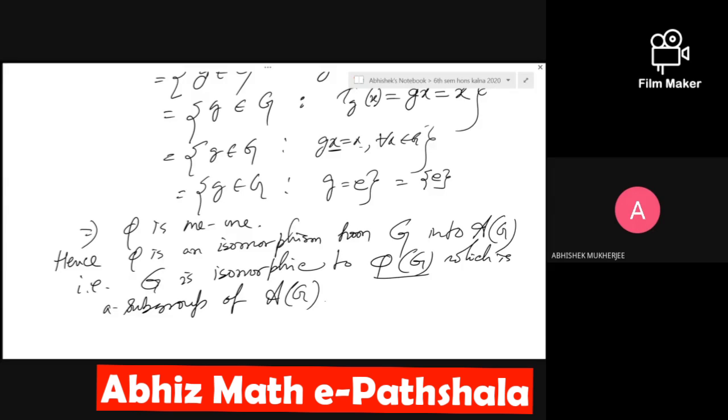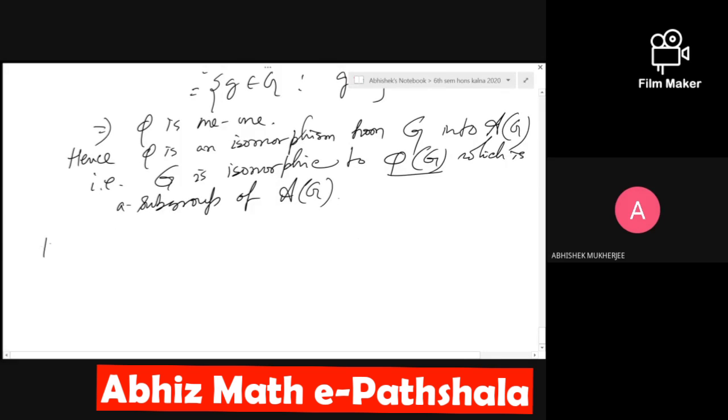That is, the elements of a group can be represented by some permutations. Let us have a look at the problem.